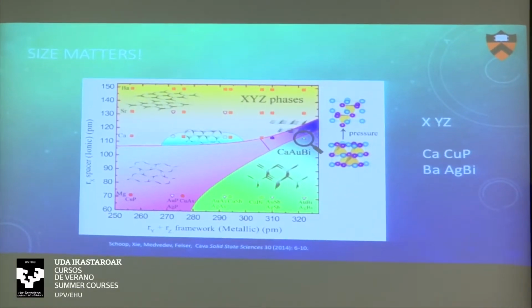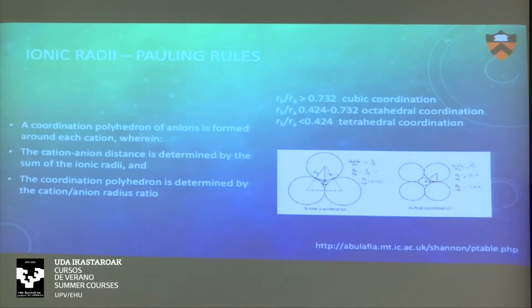But they're all isoelectronic compounds. They just go up and down in the periodic table, and we get completely different structures based on the atomic sizes. And you can also use pressure, if you have a material close to a boundary, to push it from one structure to another one in this phase diagram. So this is also a way you can try to predict when a structural transition should happen under pressure.